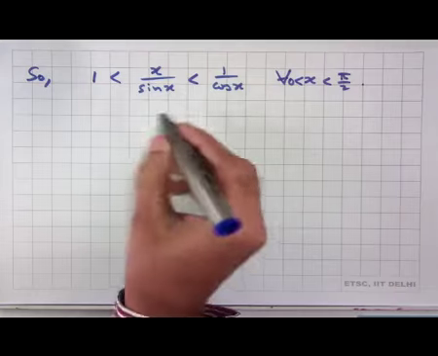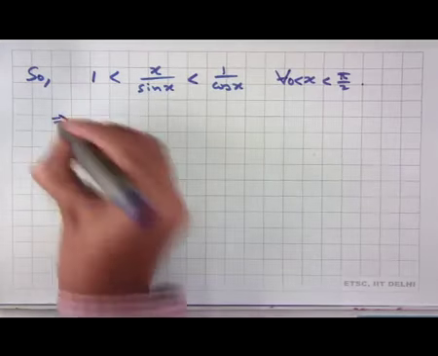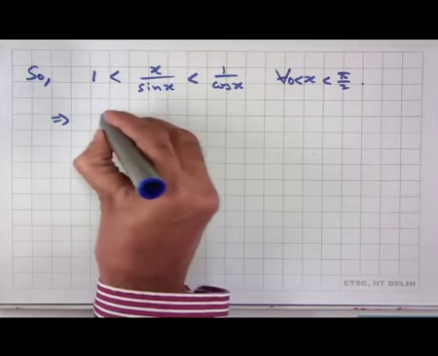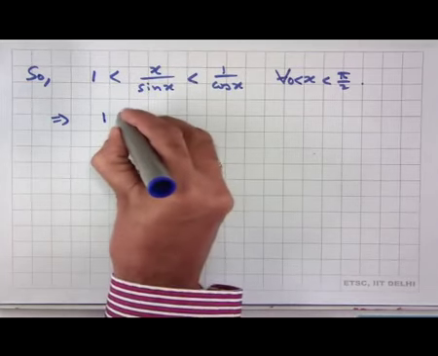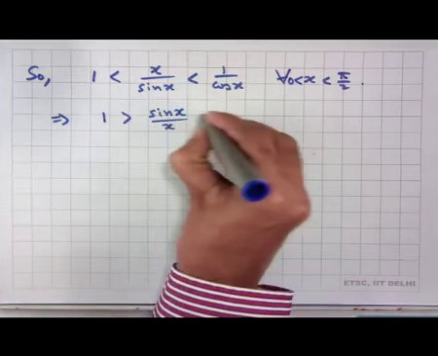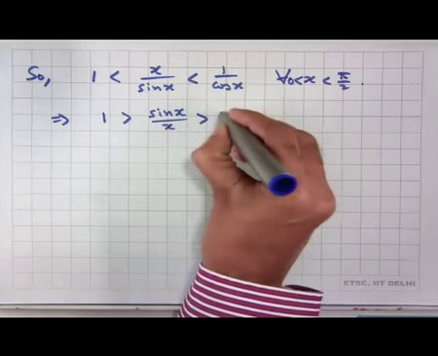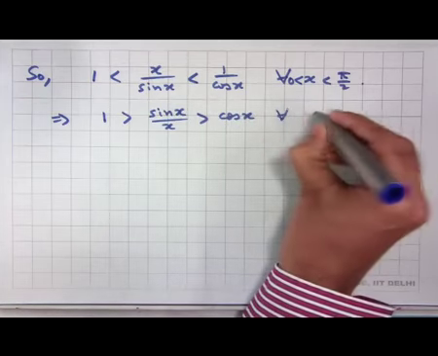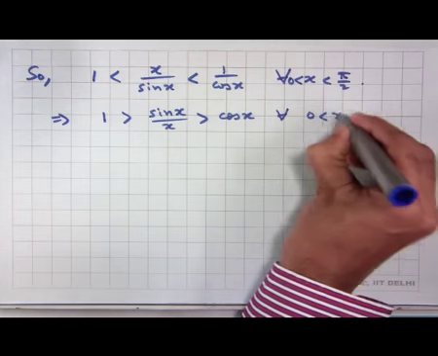Now, if we take the reciprocal, the inequality changes. So, we get 1 is greater than sin x by x, which is greater than cos x for all 0 less than x less than pi by 2.